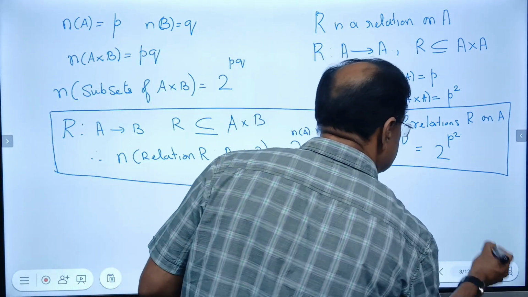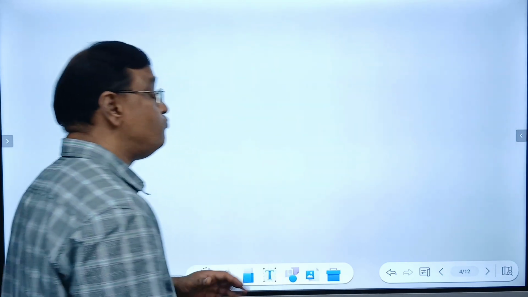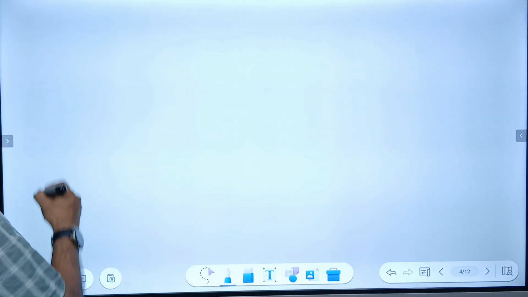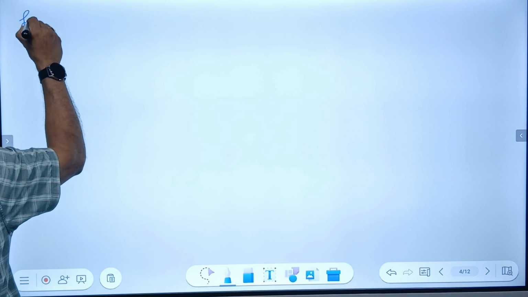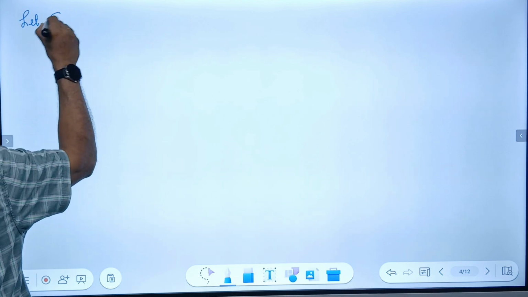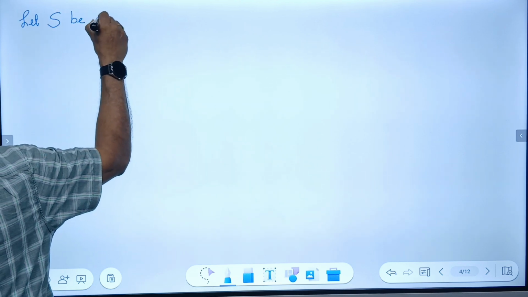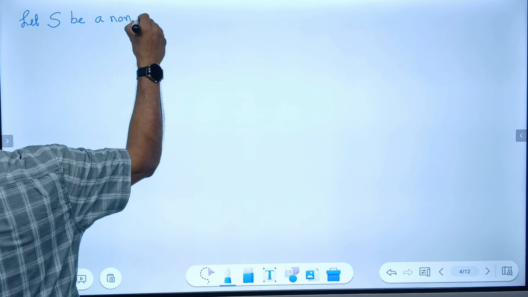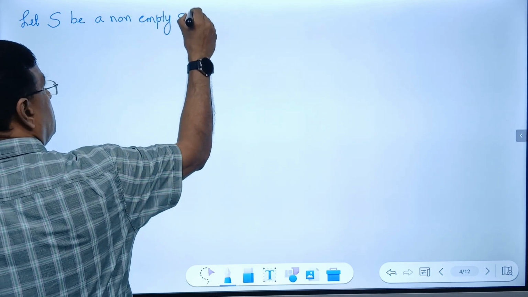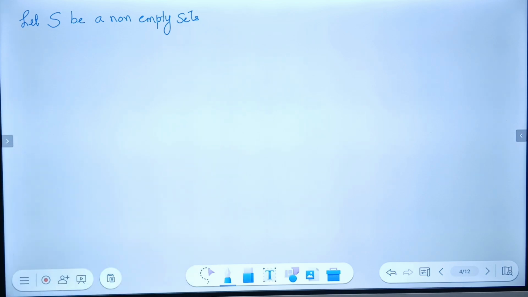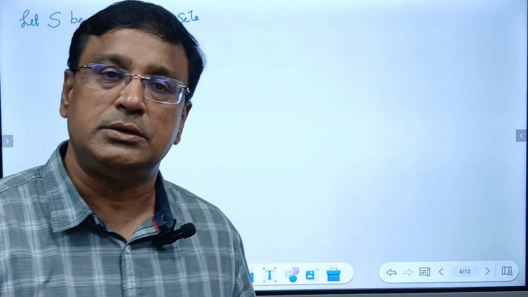Now what are the various types of relations that we want to know? First of all, let me define: let S be a non-empty set. What is the meaning of non-empty set? Non-empty set means it should have at least one element.